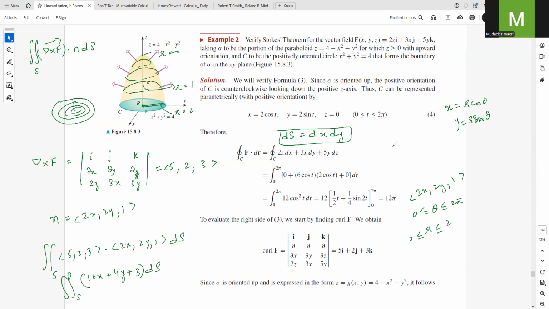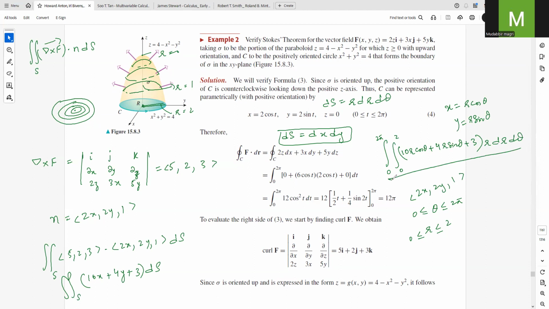Now this integral becomes 0 to 2 for r and 0 to 2 pi for theta, and inside we have 10x, so 10 r cos theta plus 4r sin theta plus 3, and this ds will be converted to r dr d theta.